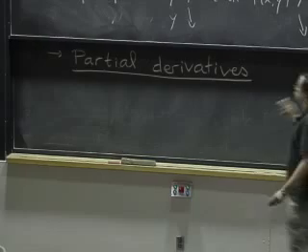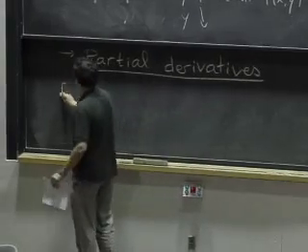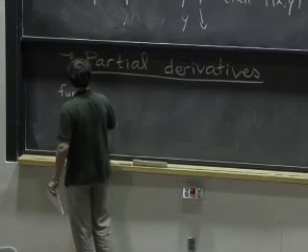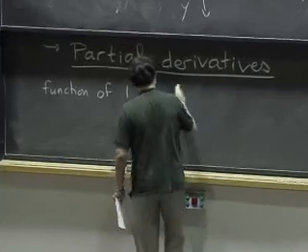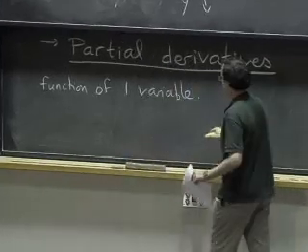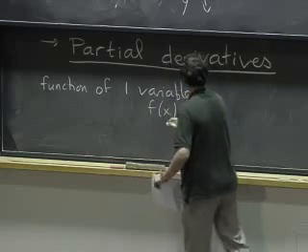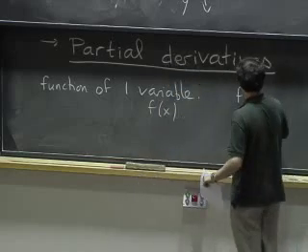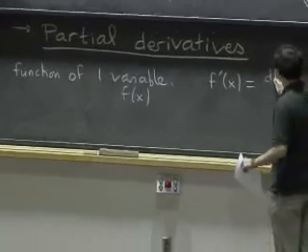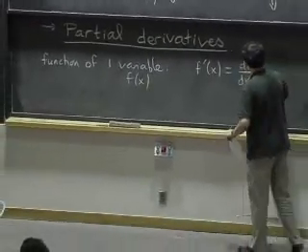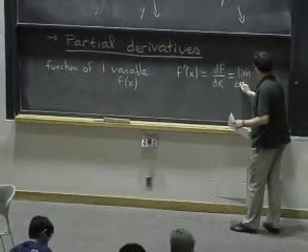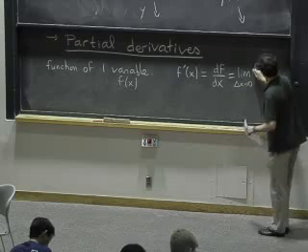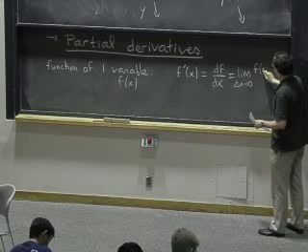So let me just remind you first, if you have a function of one variable, let's say f of x, then you have a derivative, f prime of x, also called df/dx, and it's defined as a limit when delta x goes to 0 of the change in f.